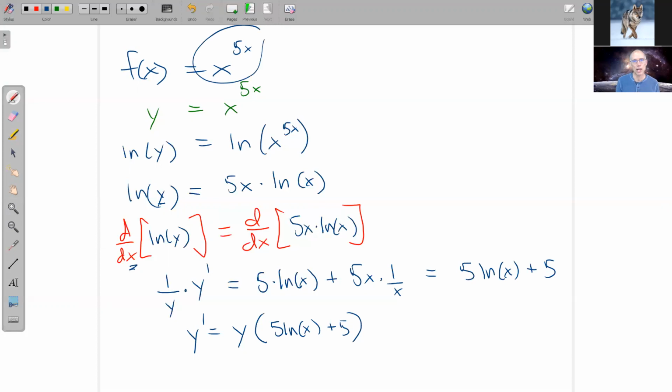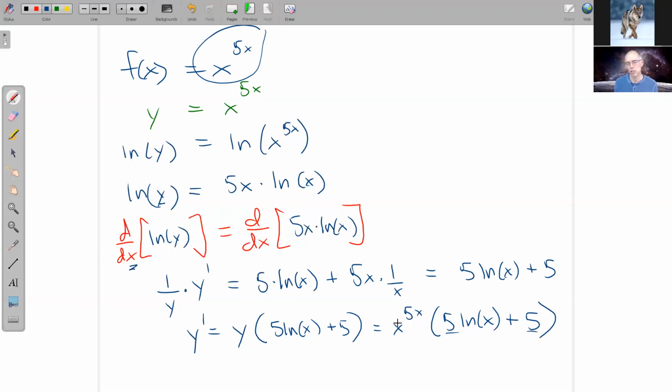Now remember, y is really x to the 5x, so I can multiply that in here. So x to the 5x times 5 natural log of x plus 5. And then as far as cleaning this up, I think probably the best thing would be to factor out this 5 here.